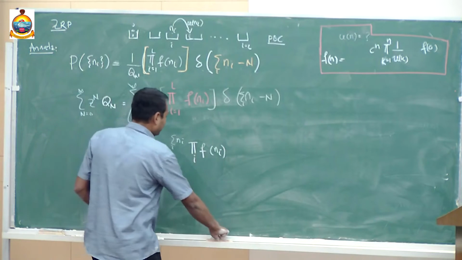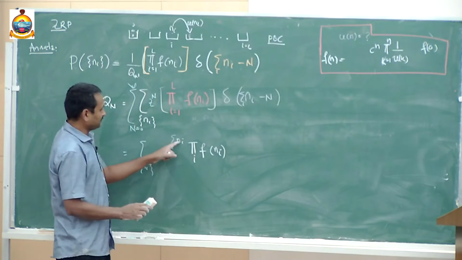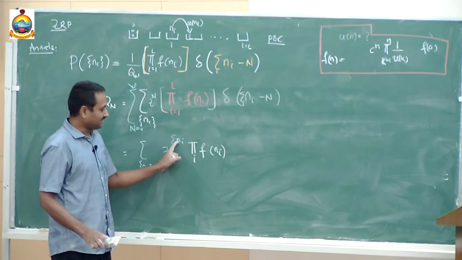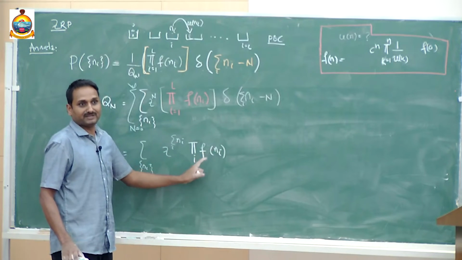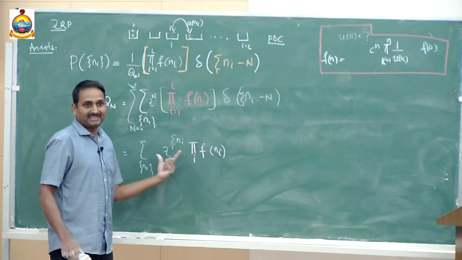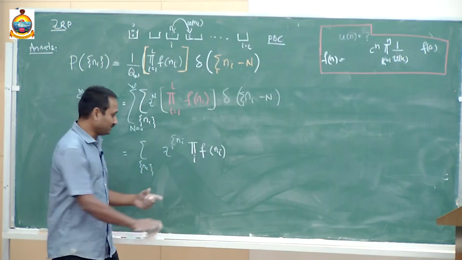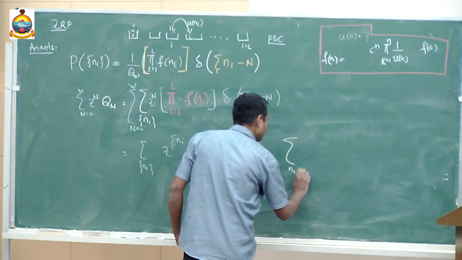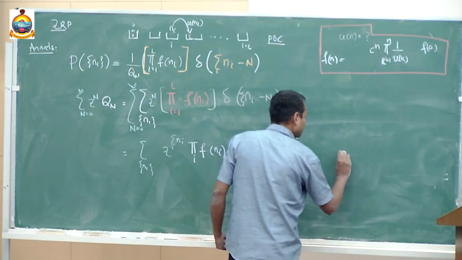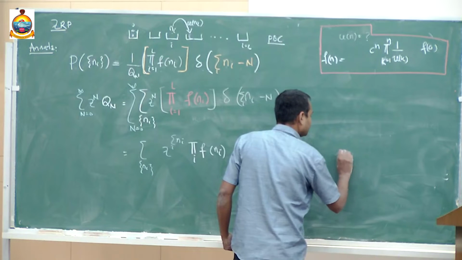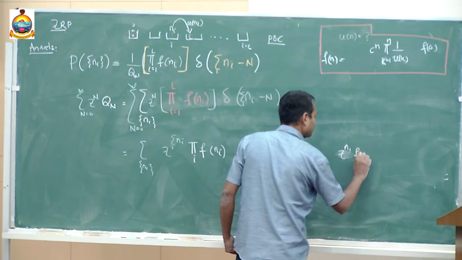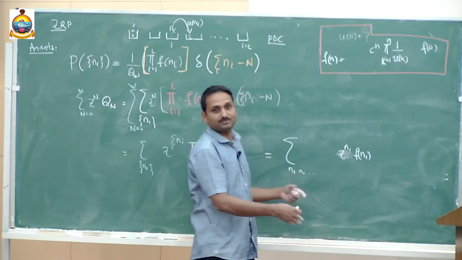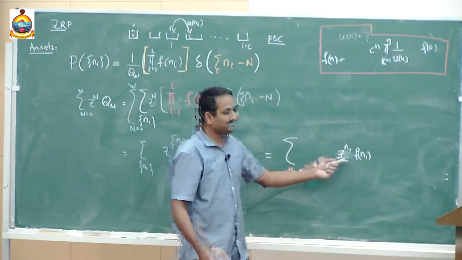So the product over f of ni basically means, let us look at this: z to the power ni means z to the power n1, z to the power n2, z to the power n3, and from here f of n1, f of n2, f of n3, right? So if you write only terms which are n1, only terms which are n2, this is equal to summation over n1, z to the power n1, f of n1, and then other terms also are similar terms. z to the power n2, sum over n2, and the n1 sum can now be done.